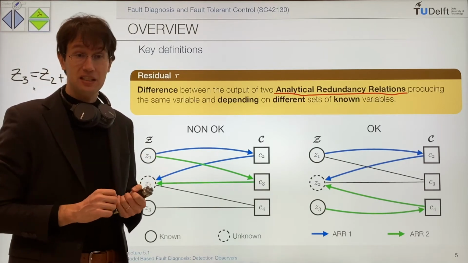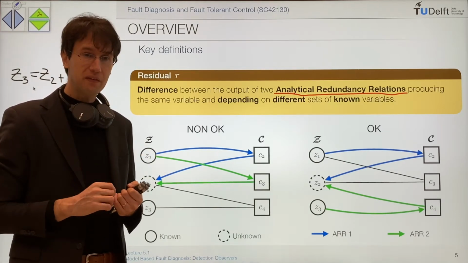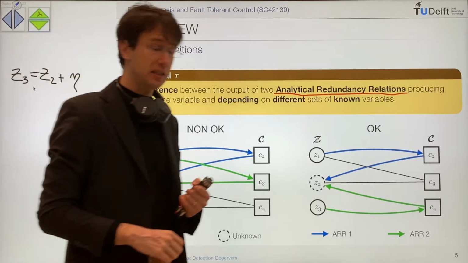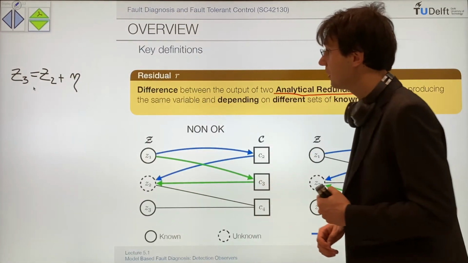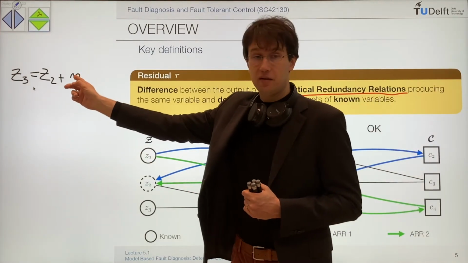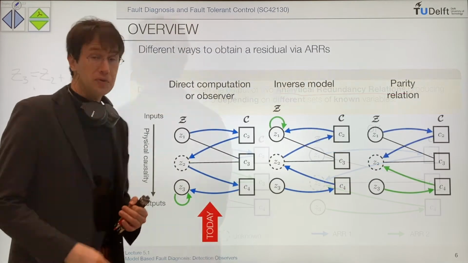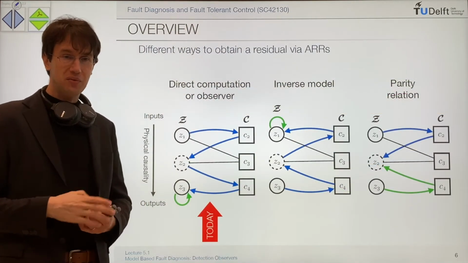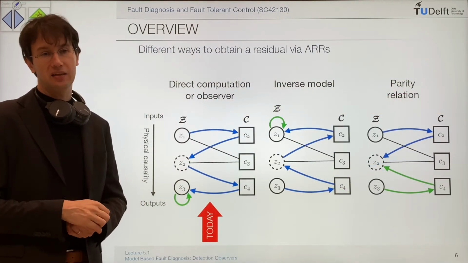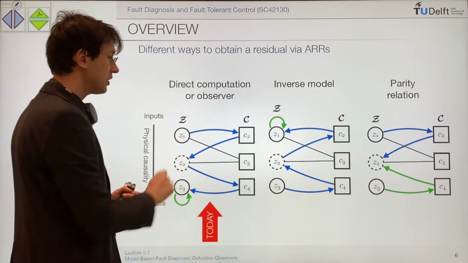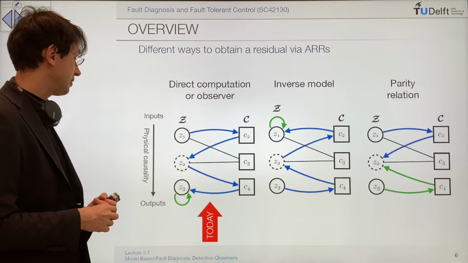This difference is the residual. And this is the thing that should be 0. It is not going to be exactly 0 for several reasons. And one of the reasons is the measurement noise. So there are different ways of finding analytical redundancy relations. And we're introducing a few using this simple example.